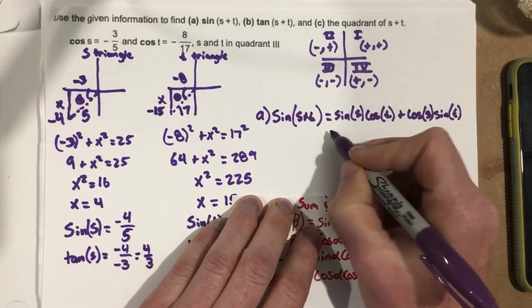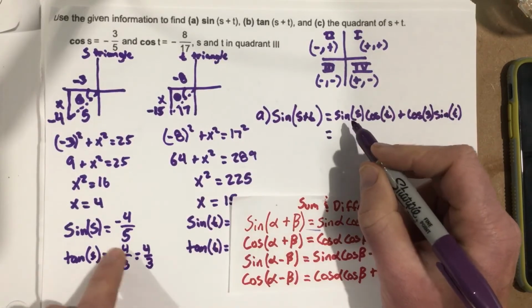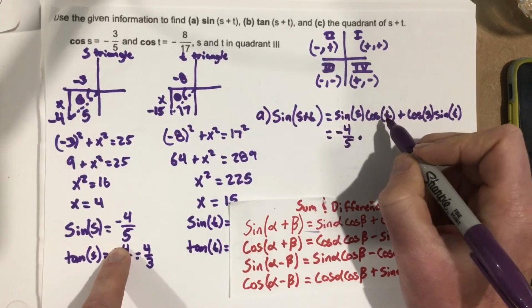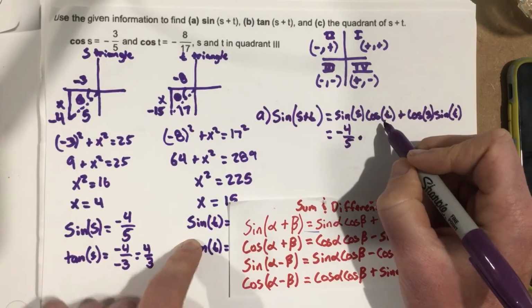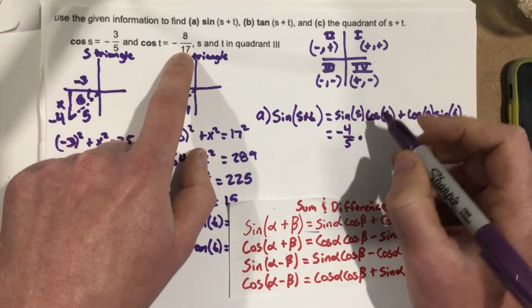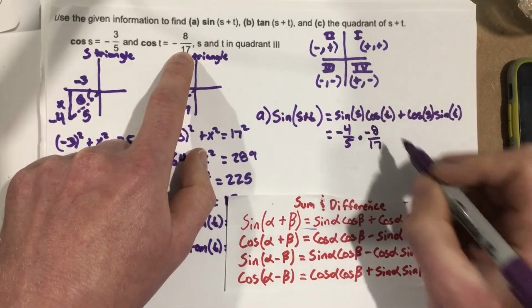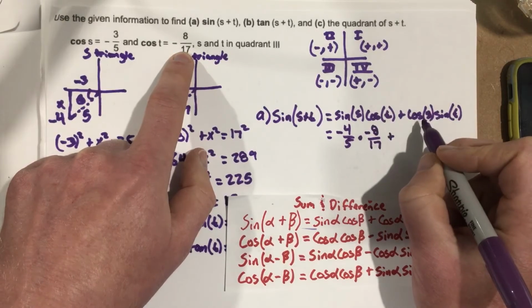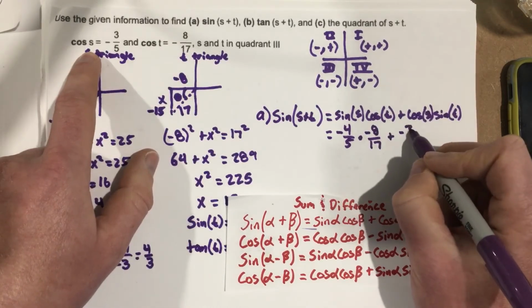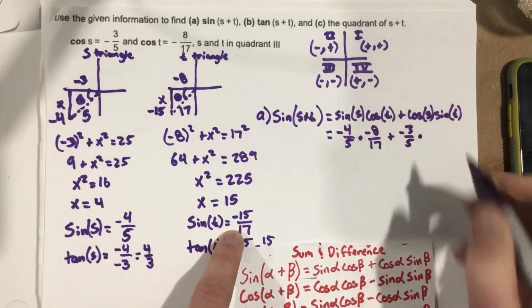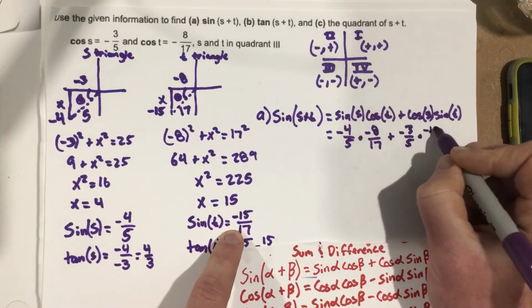All right, we can throw in what we know. We know sine s is negative 4/5 times cosine t. Cosine t, they told us, was negative 8 over 17, plus cosine s, which was negative 3/5, times sine t, which is negative 15 over 17.